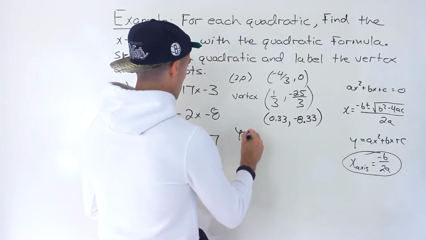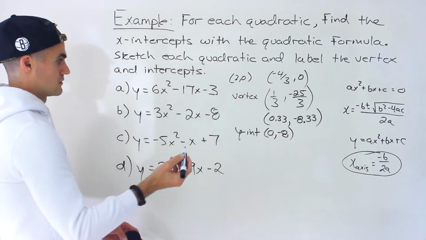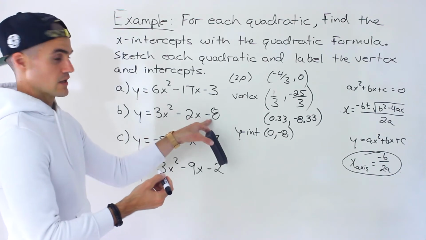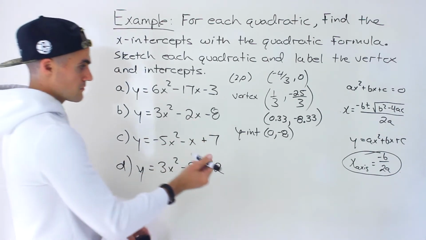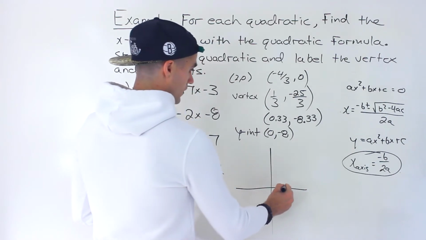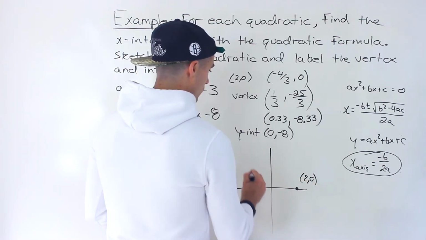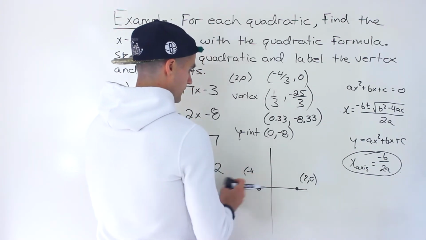And then the y-intercept would be 0 and negative 8, like that, if we plugged in 0 for the x values. So lots of information here to make a fairly accurate graph. We'll have 2 and 0 over here. We'll have negative 4 over 3 and 0.